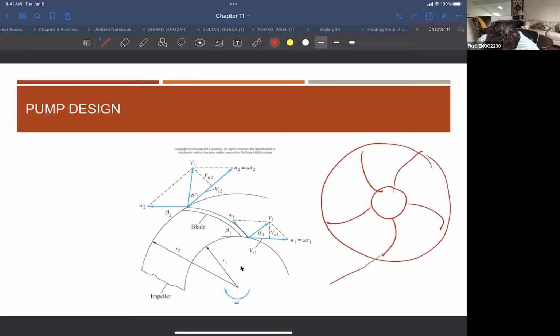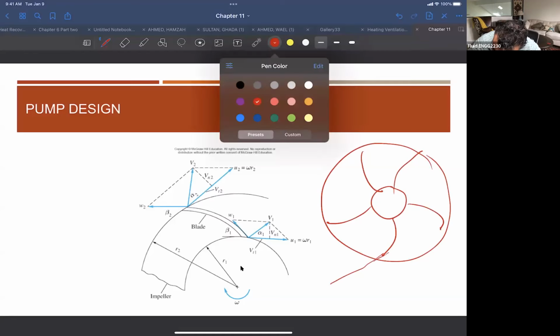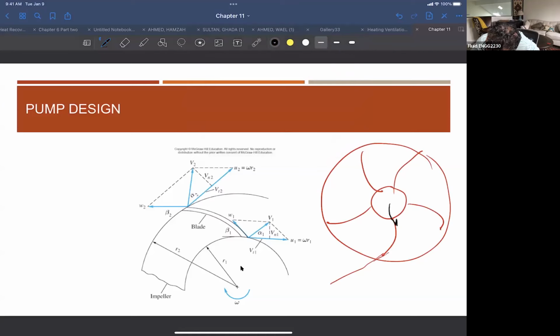So the fluid will come here and go out here. So you can look at the velocity coming in and V out here in vector form and do the analysis as it passes through the impeller blade. Each one of these is an impeller blade.